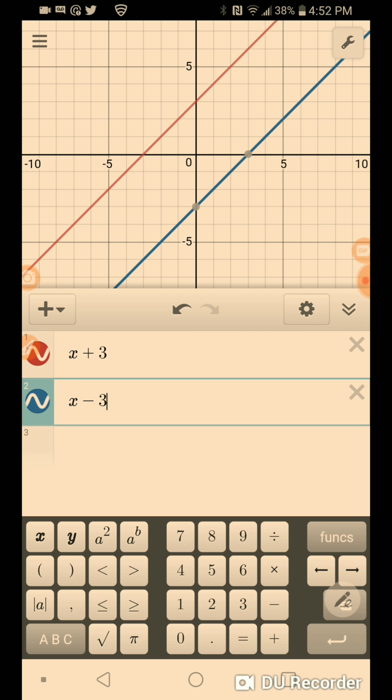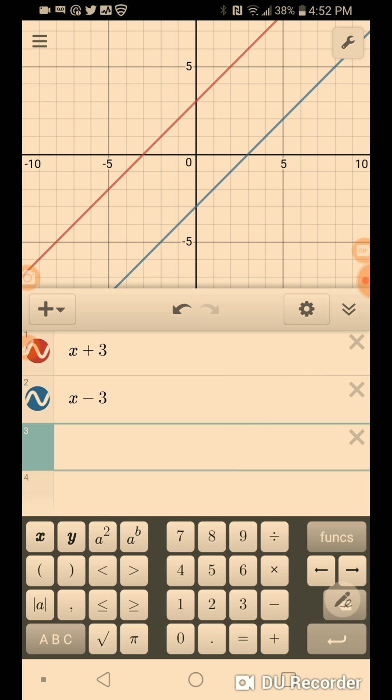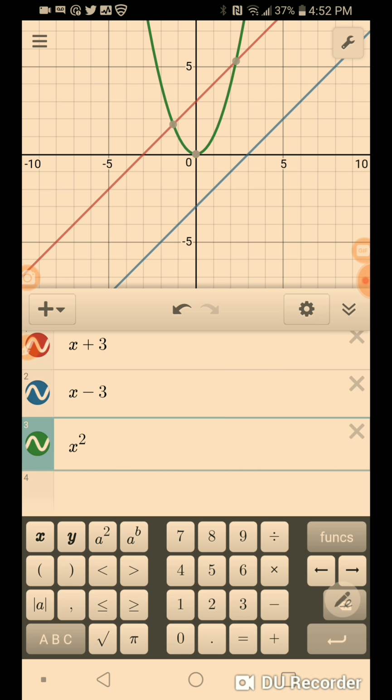Okay, now we are going to graph a quadratic function in the same graph. So let's go ahead. On the graph you can see a green parabola. That is the quadratic function.